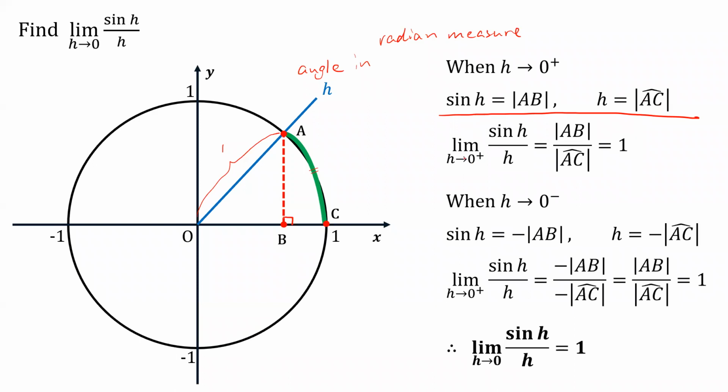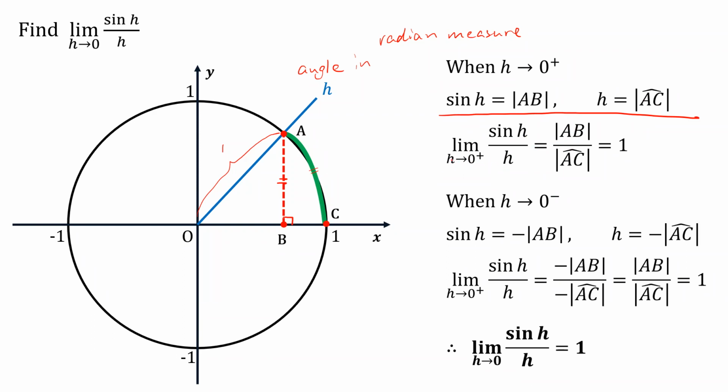Okay, so the limit of sine h over h as h approaches 0 is actually equal to the length of AB, which is the length of this section, over the length of the arc AC, which is the length of the arc highlighted in green here, right?